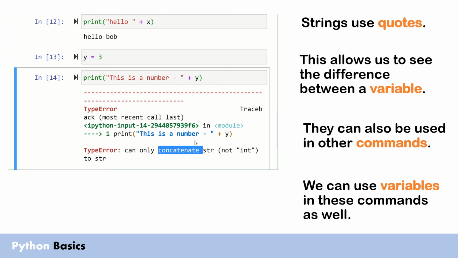Remember, concatenate is what we're looking at the moment, and that is joining strings together. Str is short for string, int is short for integer. What it's saying is I can't join an int to a string. So y is the number 3, and I can't join this together with a string. So we'd have to cast that or change our code slightly in order to get that running. And we're going to look at that later on in the video.